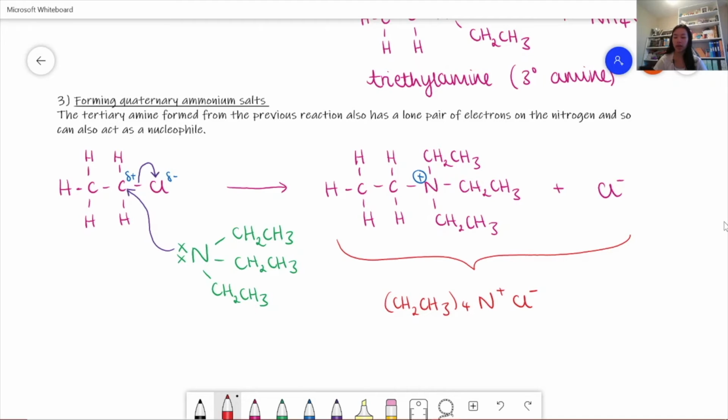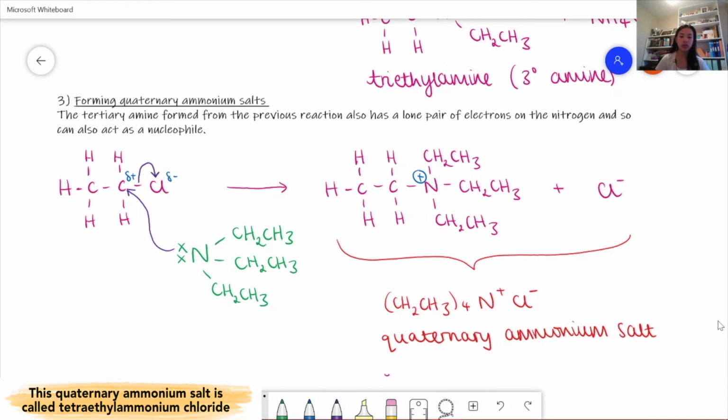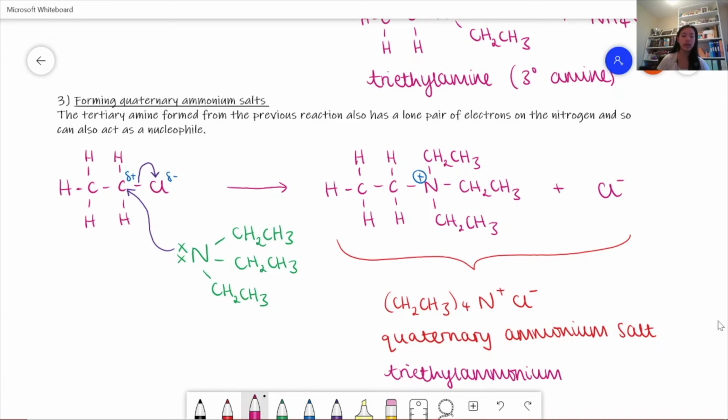So this is our quaternary ammonium salt. And in this case, what we would call this salt would be triethylammonium. So this is what we get from the positive bit, and then chloride.